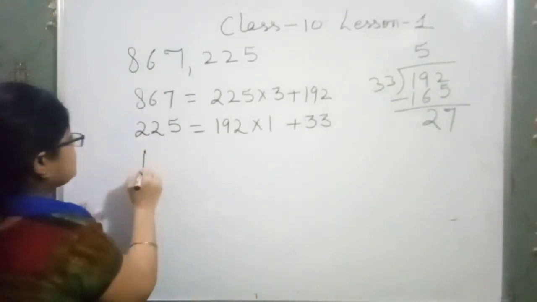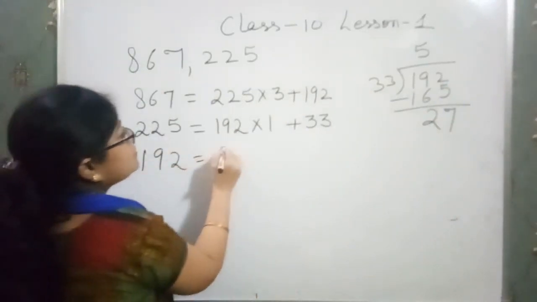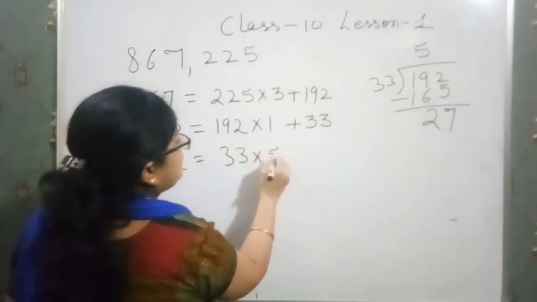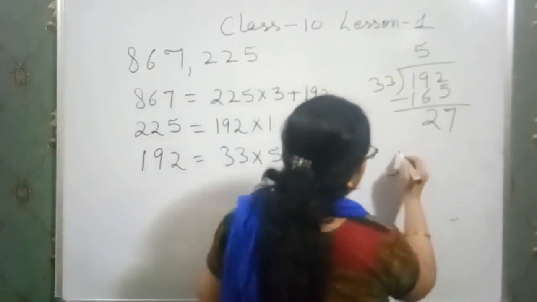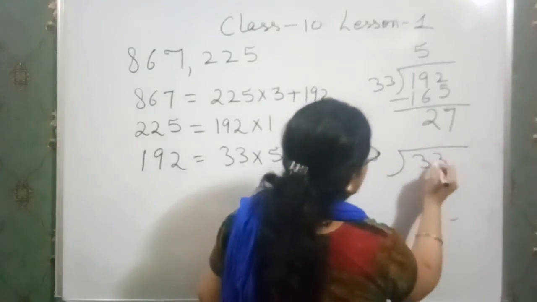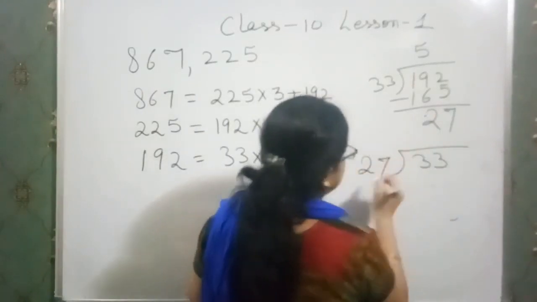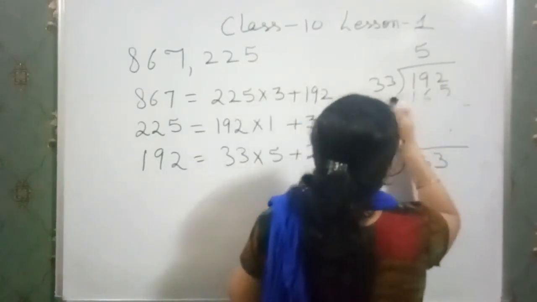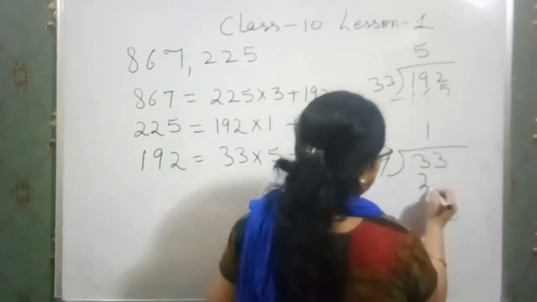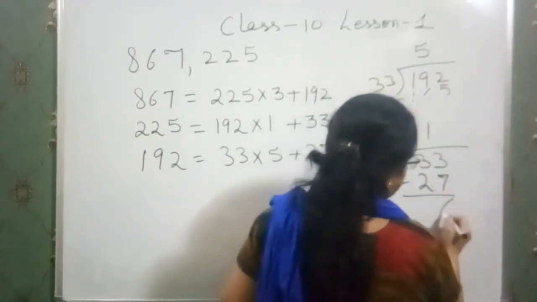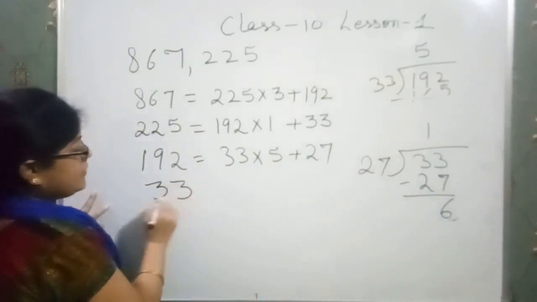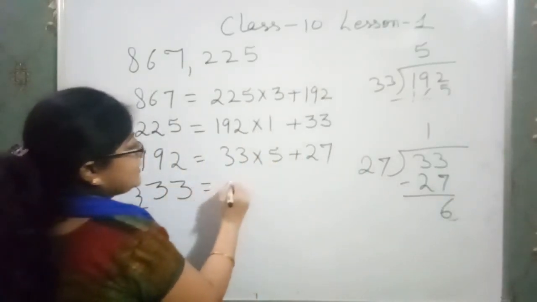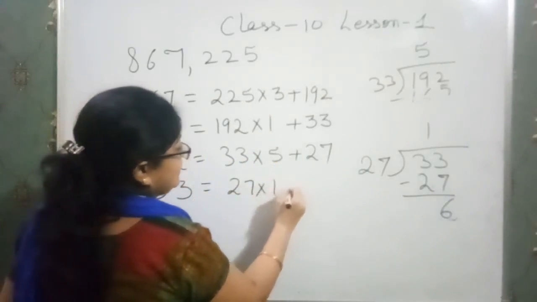That means 192 is equal to 33 into 5 plus 27. Now make 33 the dividend and divide it by the remainder. Now we have 1, that is 27, that is 6 over here. So we write 33 as dividend here and the divisor here and add the remainder.